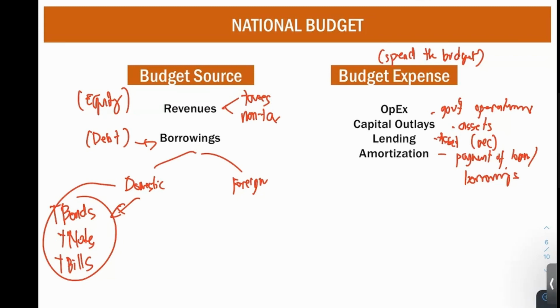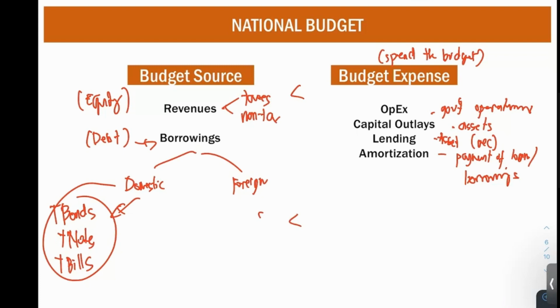So these are generally the items of our national budget. Normal government operations, which include the programs and activities, capital outlays, if ever the government purchases long-term assets, lending, if ever the government will lend money to other institutions, and amortization, the payment of loans or borrowings, including their interest. Now, the question here in your budget is, what if your source will be lesser than your budget expense?